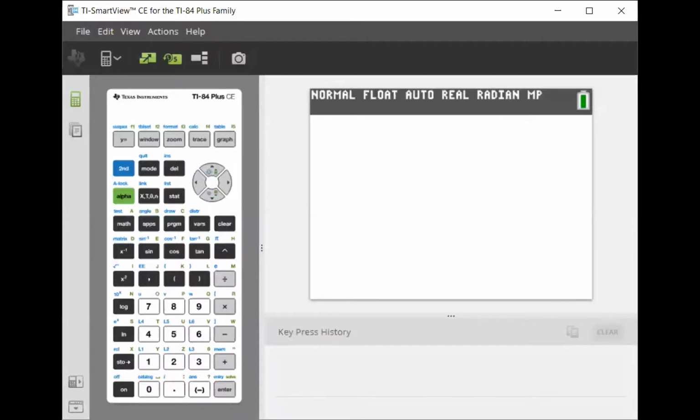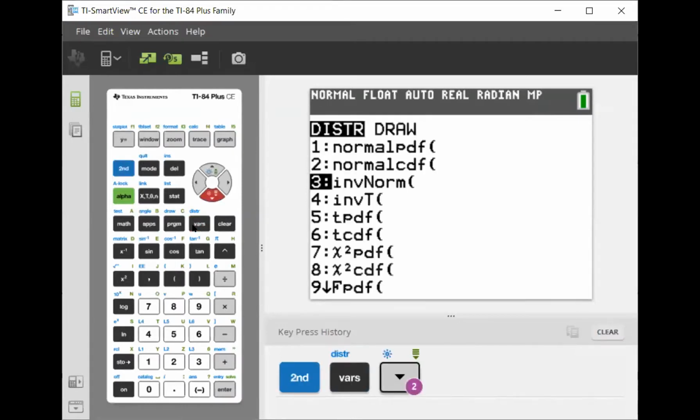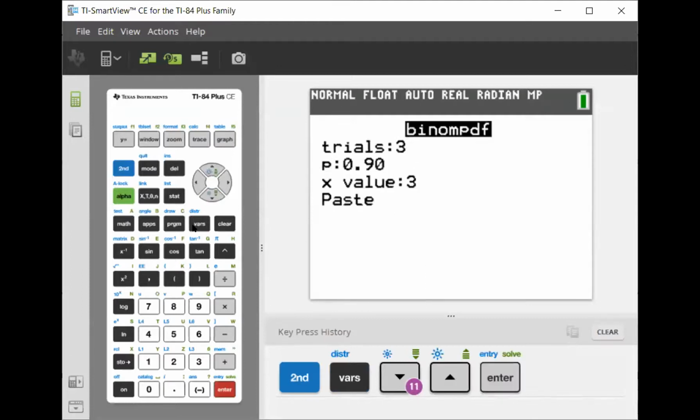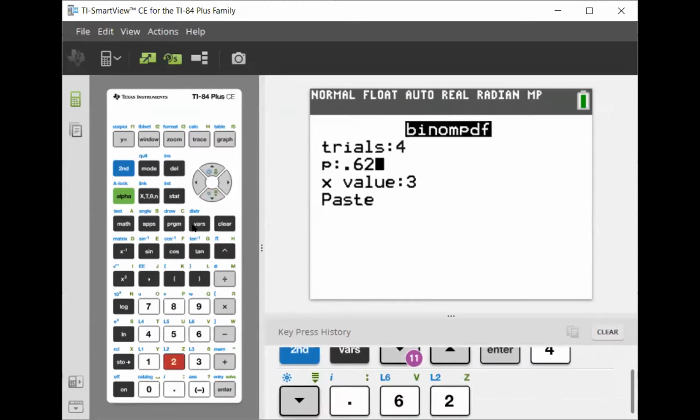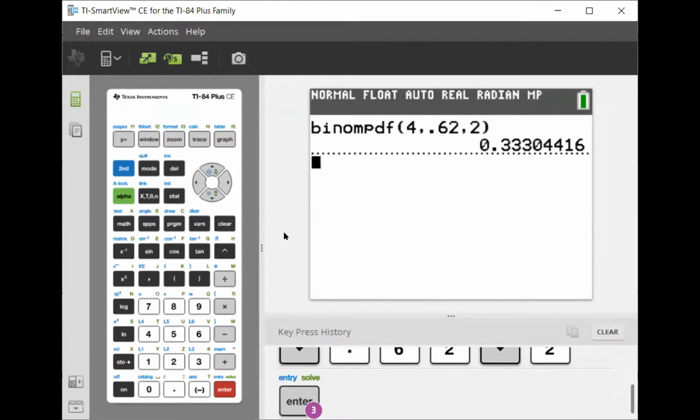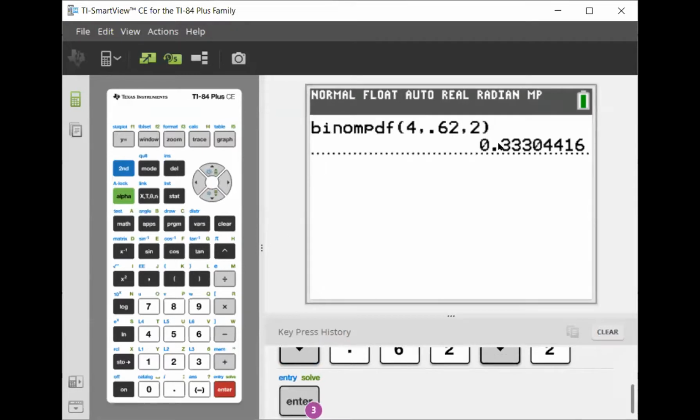Very well. So what do we have here? We have second vars. Then we're going to find binomial PDF, enter. How many trials? We ask for 4 women. The probability is 62%, so 0.62, and exactly 2 of them respond yes. So the probability is 0.3330.